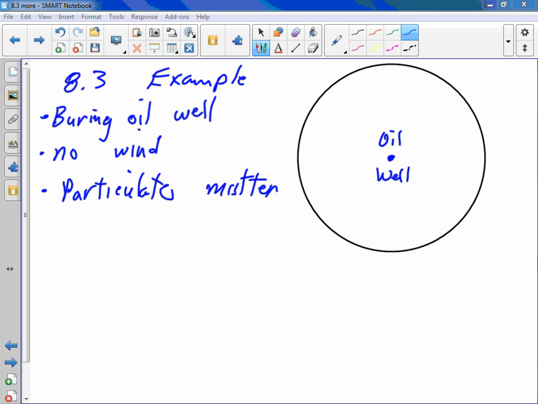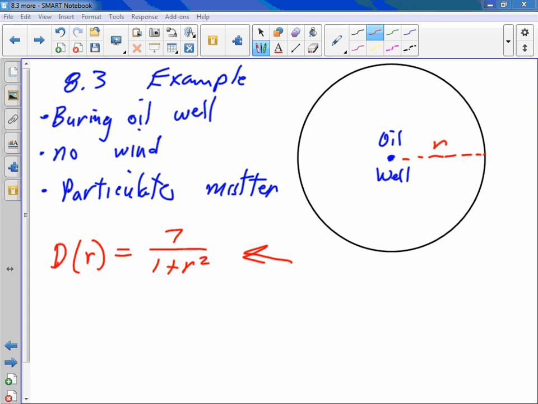So this is a nice problem to use calculus with because it's a rate of change as we go a distance r from our oil well. Okay, and then they'll always give you some kind of density model. They'll say the density with respect to distance r equals, in this example, 7 over 1 plus r squared.